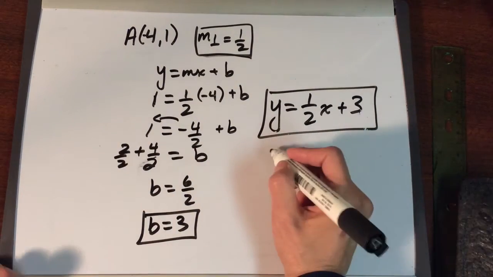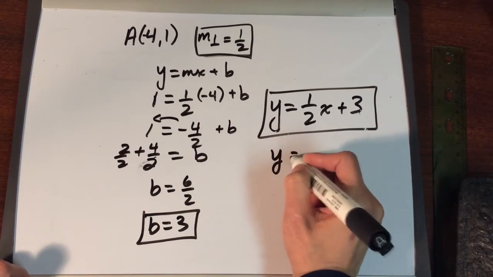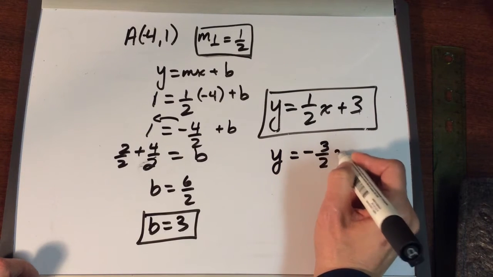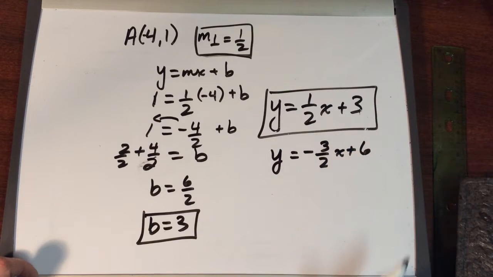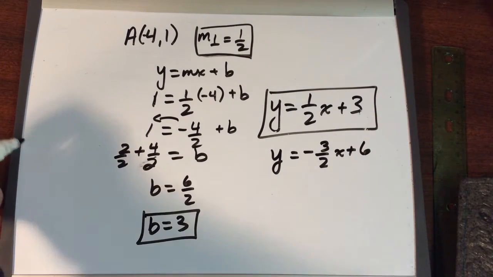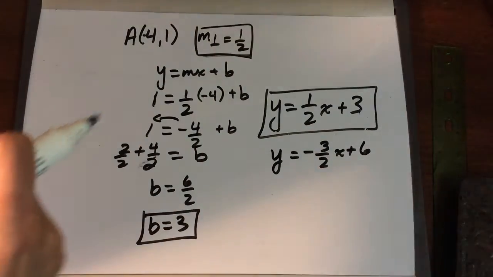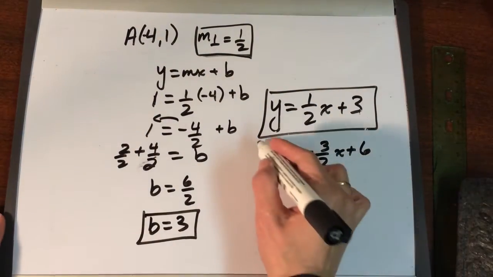That second equation I've gotten is y is equal to -3/2 x plus 6. And what I'm going to do with this one is I'm going to find the point of intersection with this one here by using substitution or elimination.